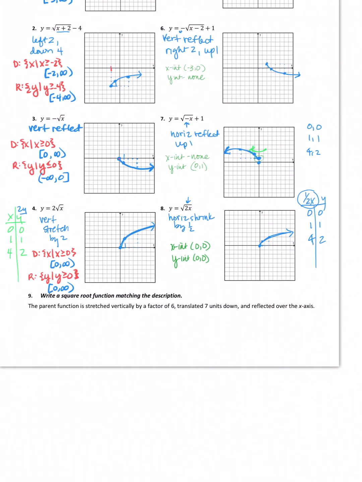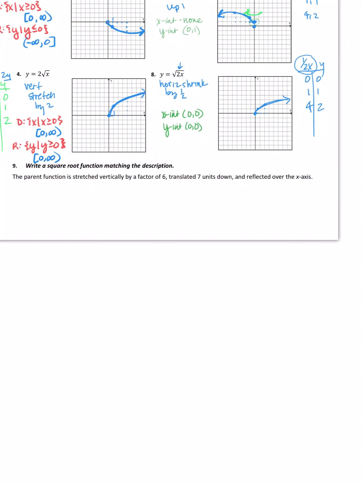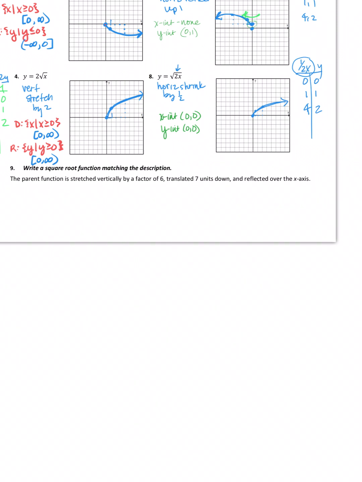Now let's look at lastly at number 9 here. Parent function, you're going to write the equation, okay? Parent function is stretched vertically by a factor of 6, translated down 7 units, and reflected over the x-axis. So let's think about this. Stretched vertically by a factor of 6. So this is in the front.